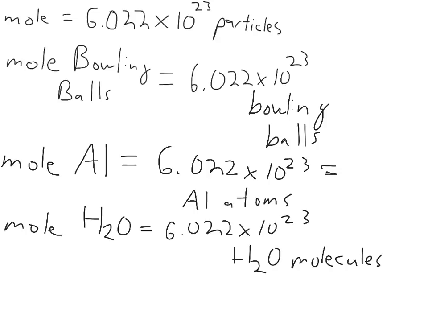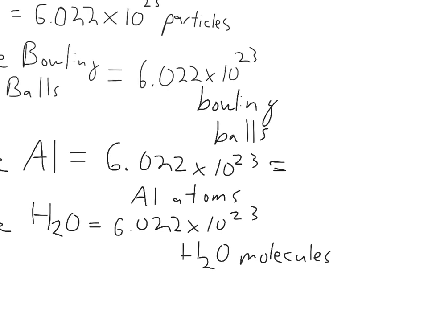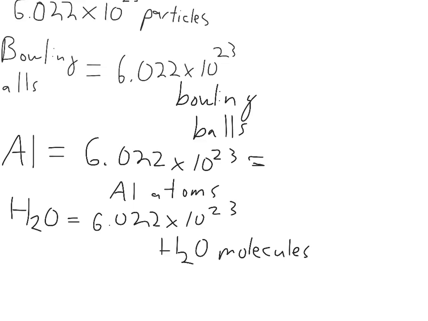That tells you both the mass of a single aluminum atom, but it also tells you the mass of 1 mole of aluminum atoms. So if you refer to the periodic table, you will see that 1 mole of aluminum weighs 26.982 grams. That is the mass of 1 mole of aluminum.